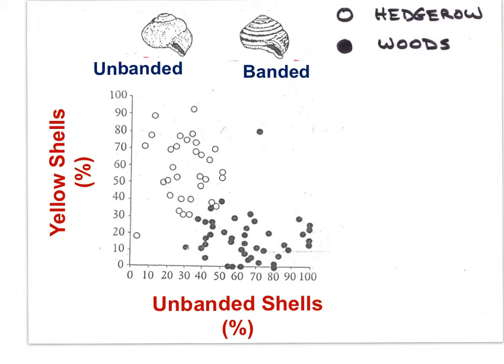Here is data that shows that banded yellow snails do better in hedgerows, while unbanded non-yellow snails do better in woods. The two habitats, in close proximity to one another, maintain different selection pressures that maintain phenotypic balance in shell phenotypes. This again is balanced polymorphism.